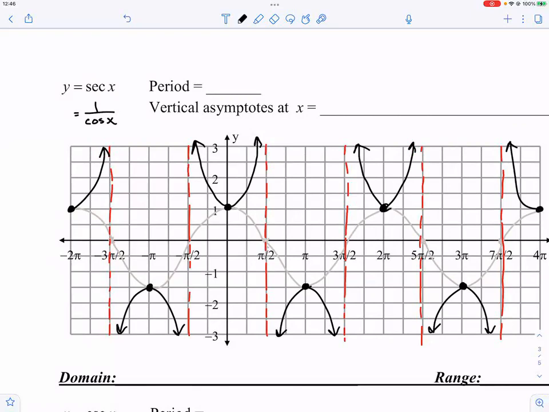So the dark part of the graph and the asymptotes would be the actual graph for secant x. And if you can draw the cosine x first, your secant x graph construction would be a lot easier. If not, actually, I don't know what to say about if not. I have never tried it yet.